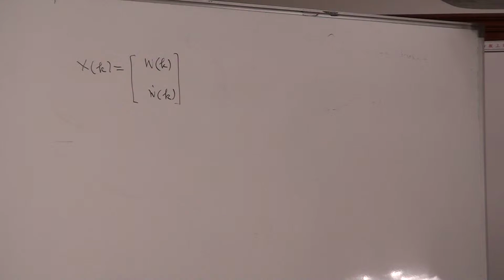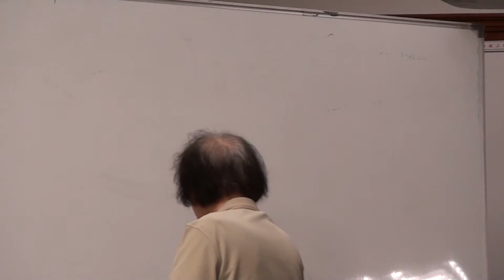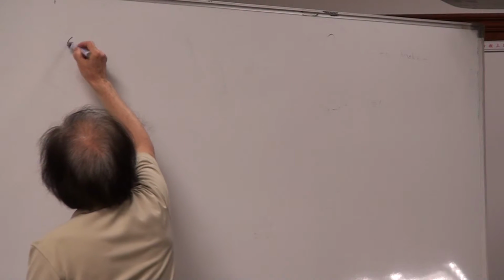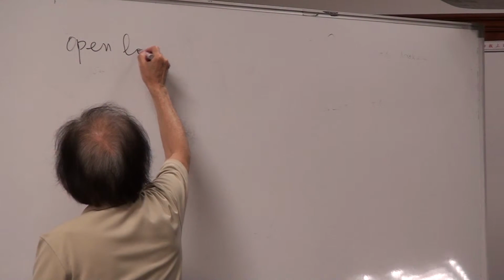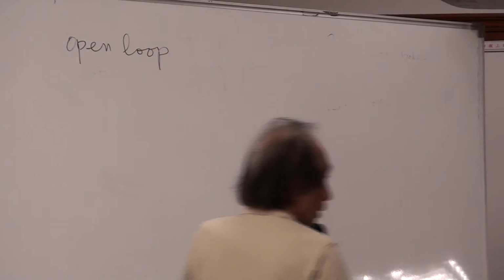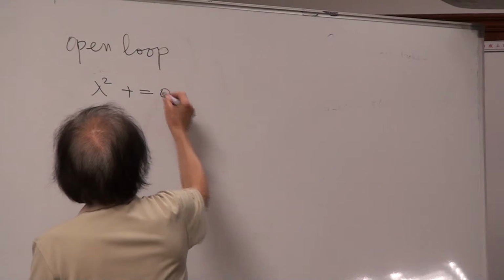Now, what is our open loop for this case? The open loop is lambda square plus 1 equal to 0.